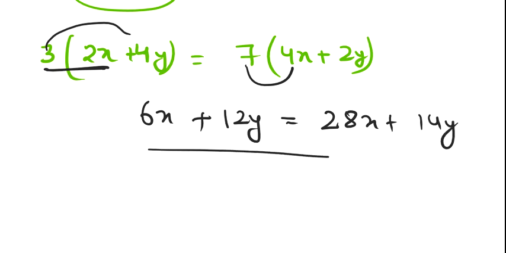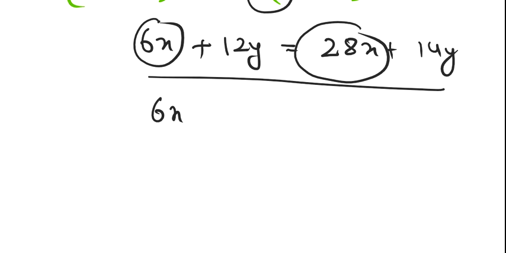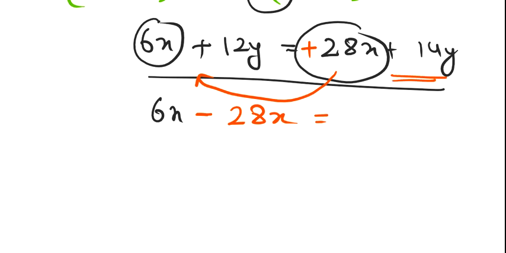Now we can simplify this equation. How can we simplify it? 6x. Now see, this 28 is positive in nature. When I take this from that side to this side, this positive will become negative. And this is plus 14y, and this is plus 12y.